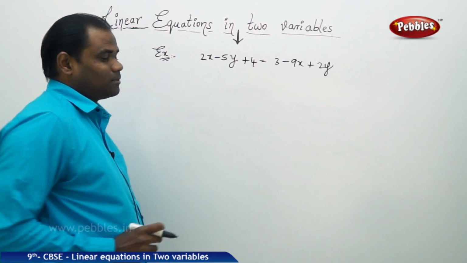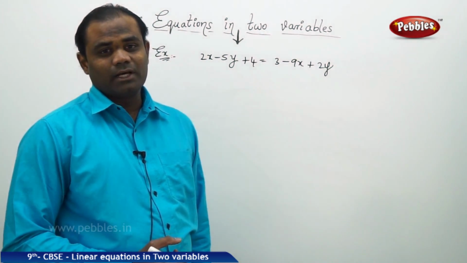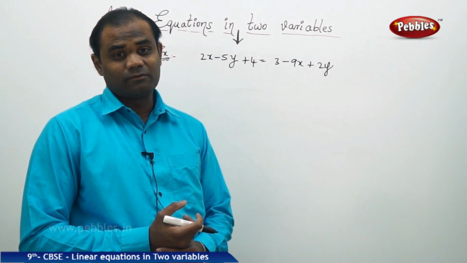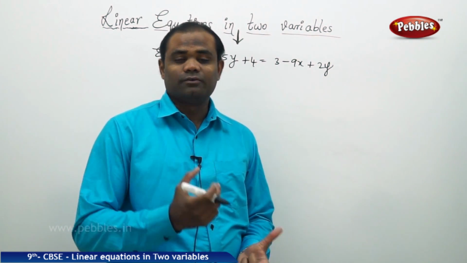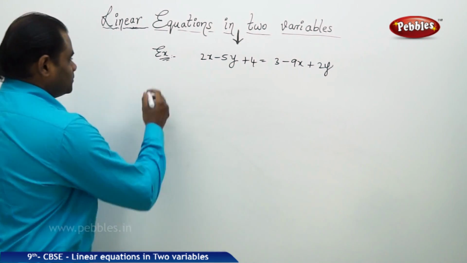Before we do this example problem, one thing is for sure, that we need to justify only after completely solving. Bring it to the most simplified form and then justify for a linear equation in two variables x and y. So let's take this example problem, investigate it.